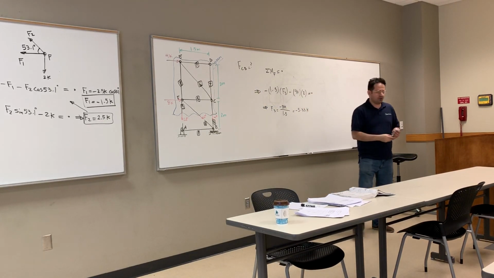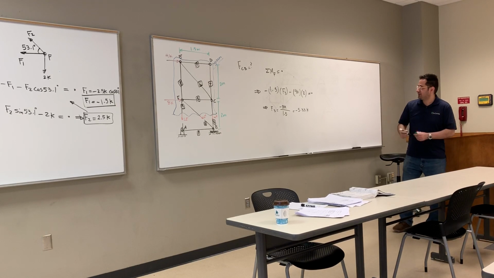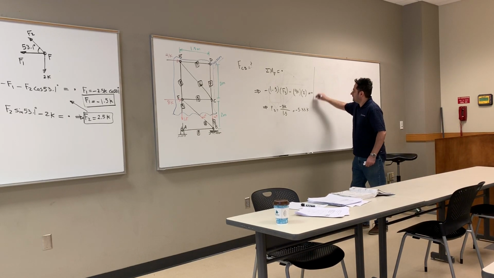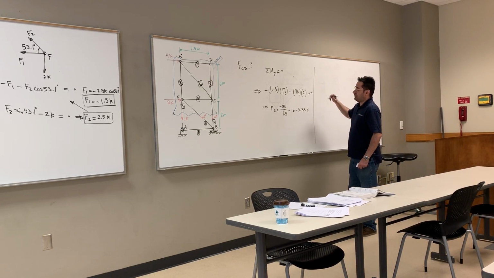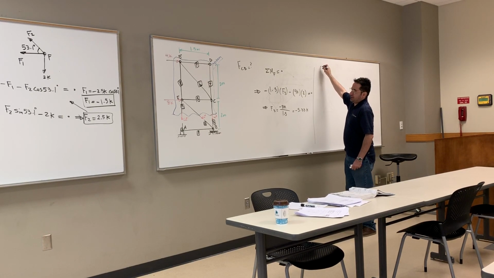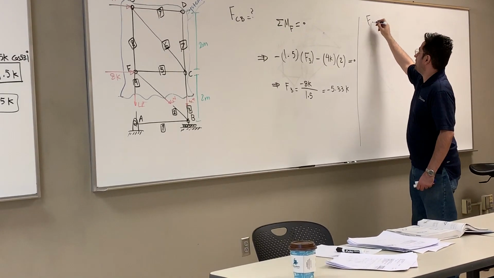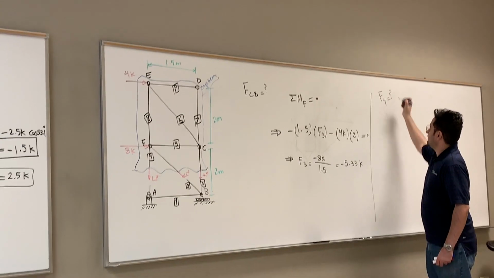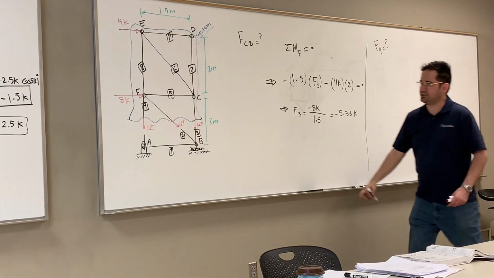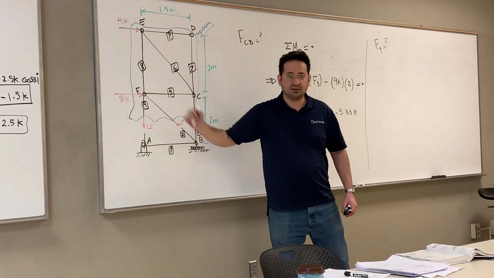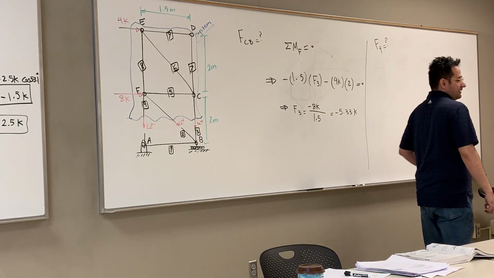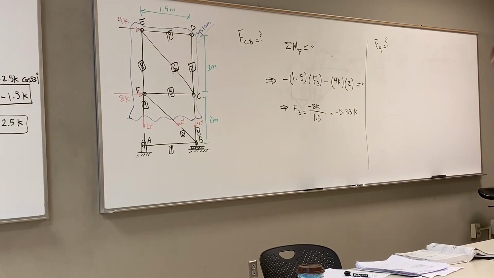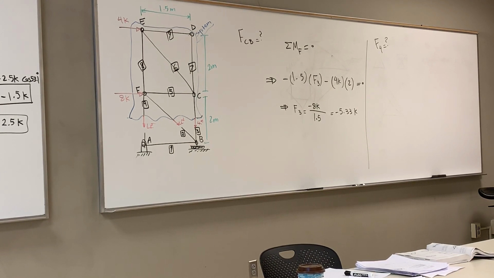Oh, I have another question for you. This is another question here. Now, what's the fastest method to find F4, member 4, which is this one? Let's say you start from scratch. I give this structure to you and I say, what's the quickest way to find force in member FA or F4?